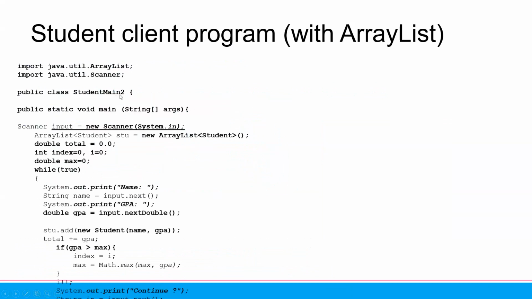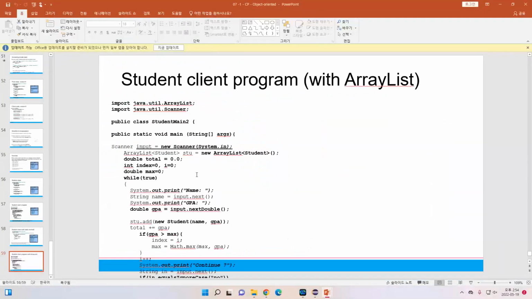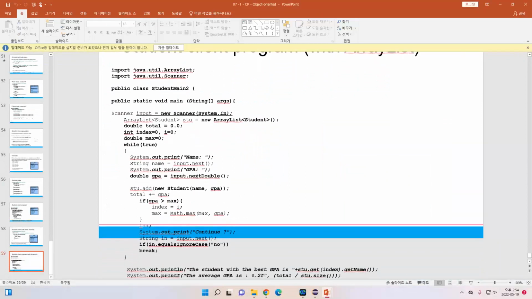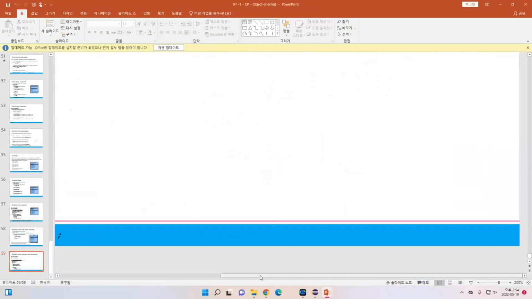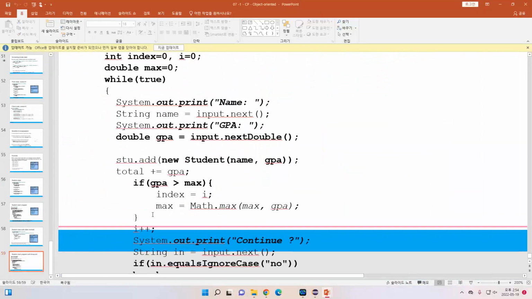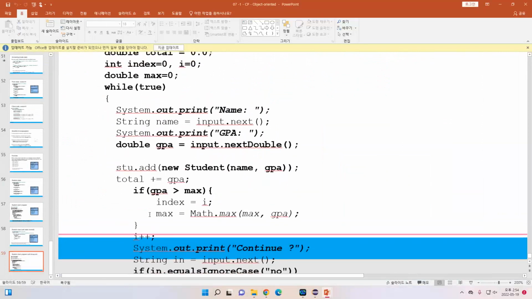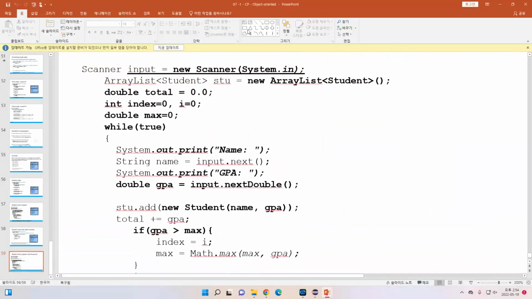Now I have the student min2. What does it mean by student min2? In the student min2, the first part is the same. The only difference is now I'm using the ArrayList. Do you still remember what is ArrayList?